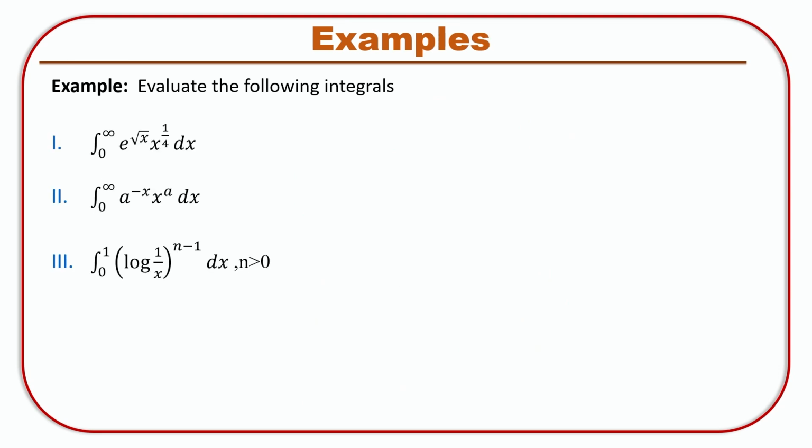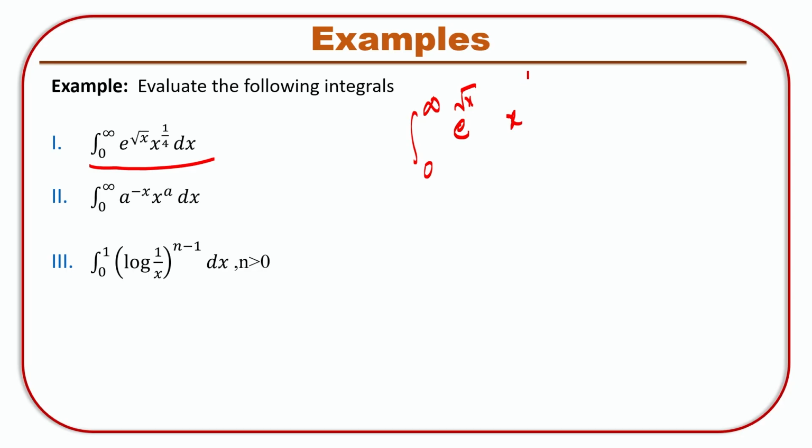Based on this, can you evaluate the integral from 0 to infinity of e to the power minus root x, x to the power 1 by 4, dx? So you write down 0 to infinity, e to the power minus x to the power 1 by 2, x to the power 1 by 4, which can be written as minus 1.